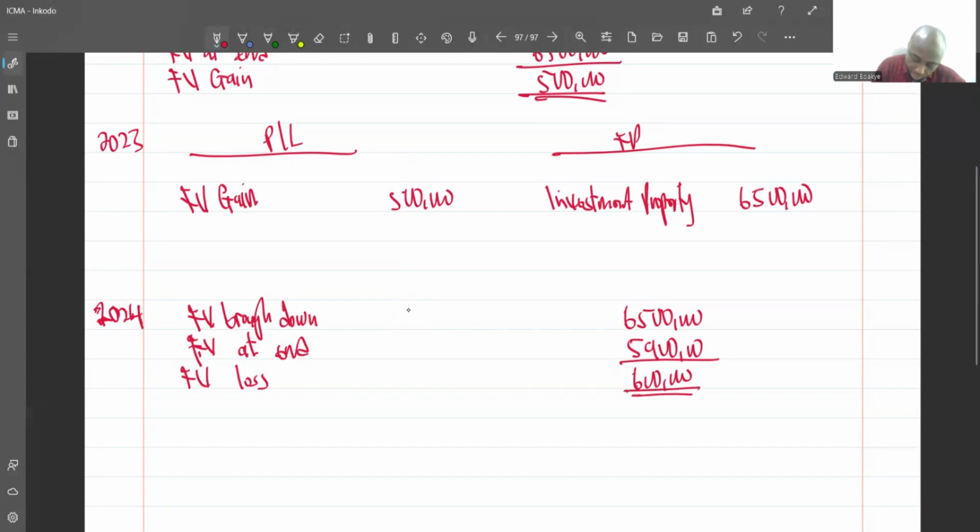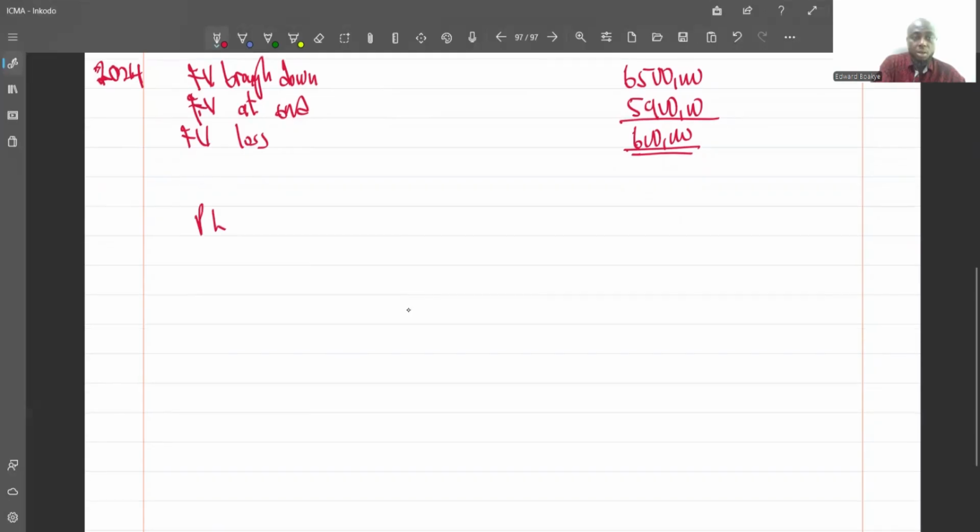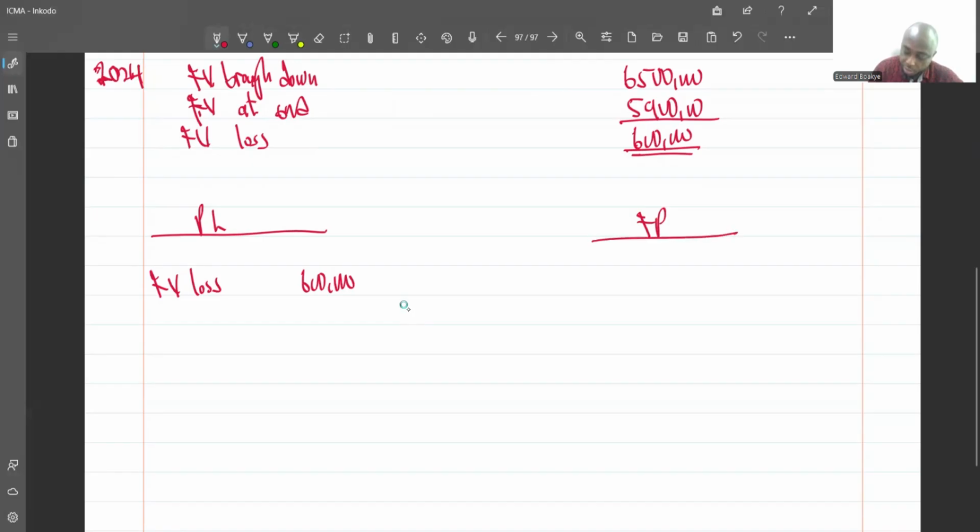So let's go to our P or L. If we go to our P or L, you are having fair value loss of how much? 600,000. And our financial position will have the investment property of how much? 5.9.